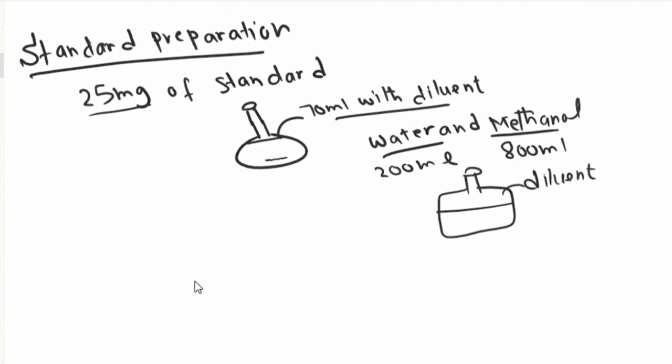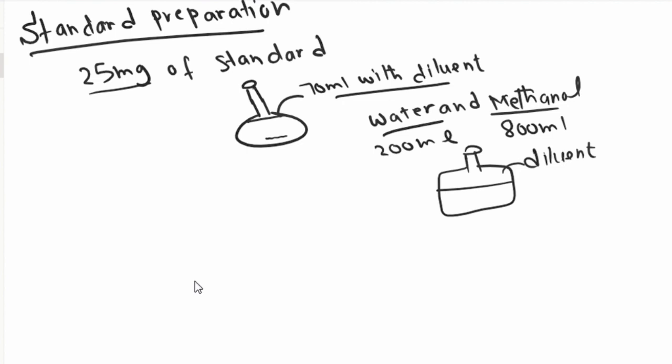When you are doing the analysis, you weigh out 25 mg of the standard and place it in the 100 ml volumetric flask. Then you dilute it with the diluent up to 70 ml.